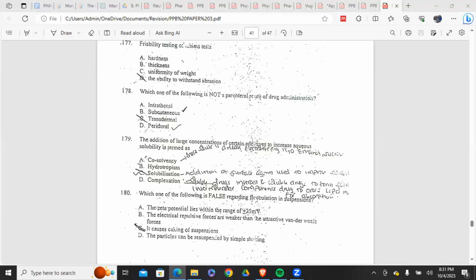Sema kwa cosolvency alikuwa anasema tunaongeza agents hizi akina ethanol, but there was no mention of hizo nini zikiwa in large quantities.